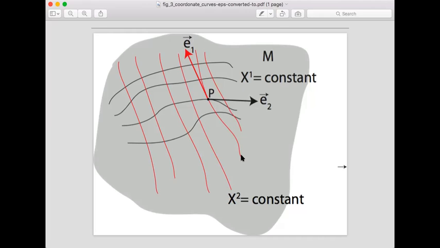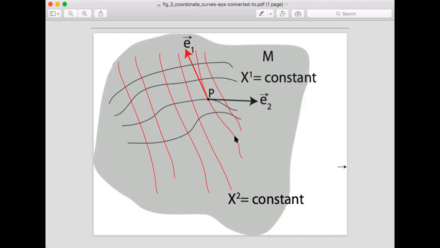If we were in a higher dimensional space, x3 would be constant, x4 would be constant. In other words, only x1 is allowed to vary along the x1 coordinate curves. And then at some point P in the manifold, the tangent to that curve is going to be the E1 basis vector.